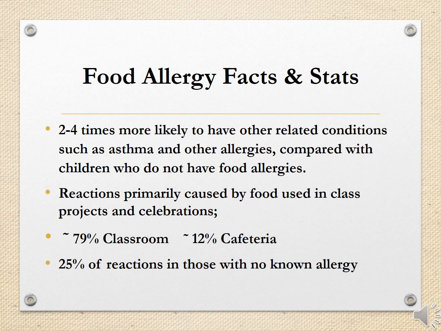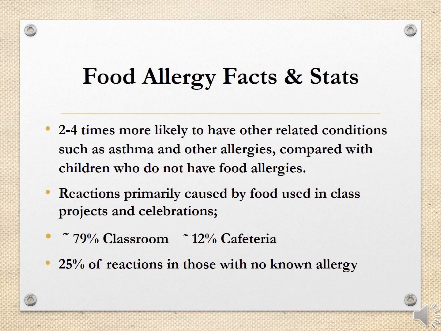Children with food allergies are 2 to 4 times more likely to have other related conditions such as asthma and other allergies compared with children who do not have food allergies. Reactions are primarily caused by food used in class projects and celebrations.